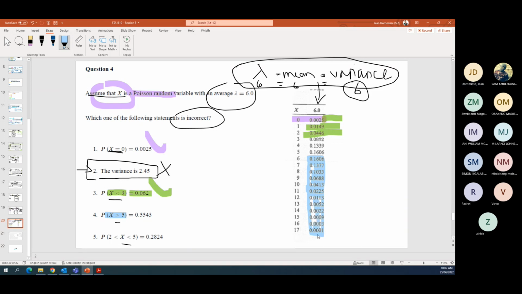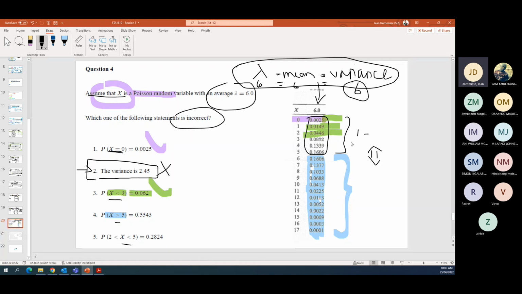We can add all of them, or we can say 1 minus this group, and those two will be equal. So let's add all of this. Somebody else can add all of that if they want to.